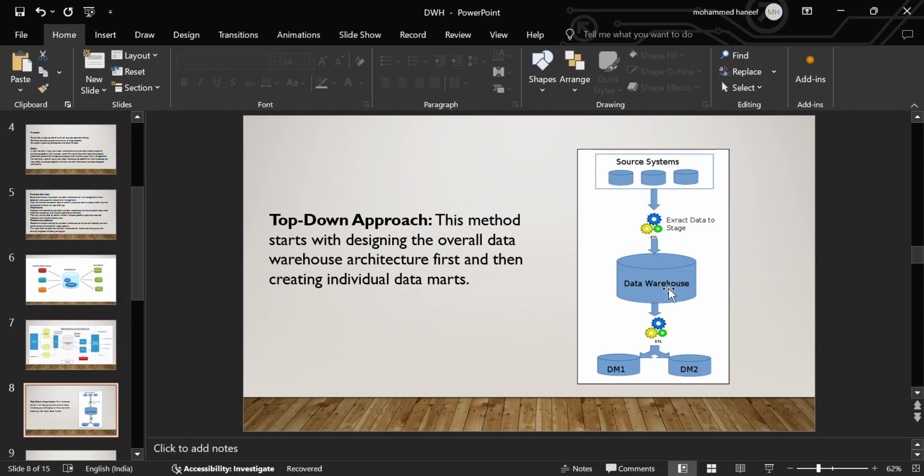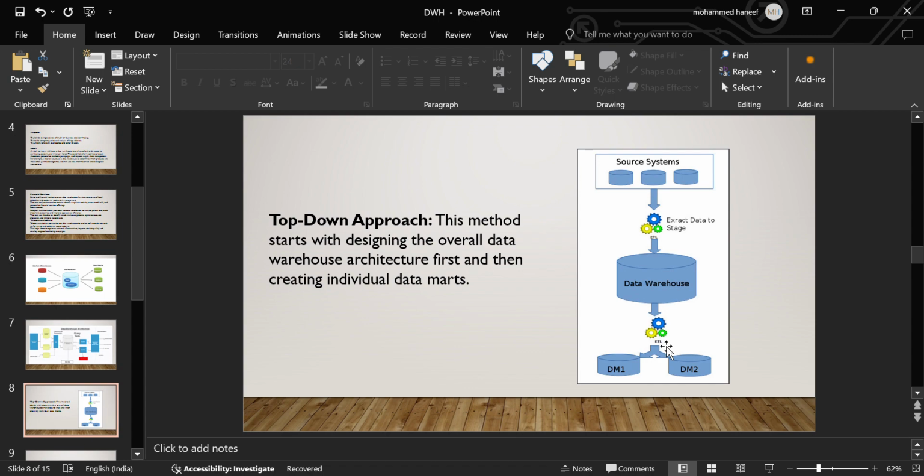After that, we segregate the subject-oriented data, and we create the different data marts. Depending on the data you receive, and what purpose you need, based on that you have to create your data mart.